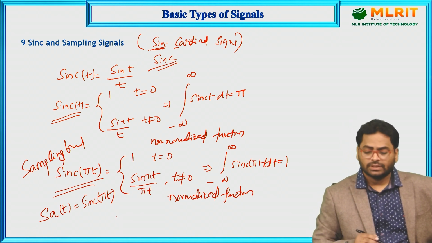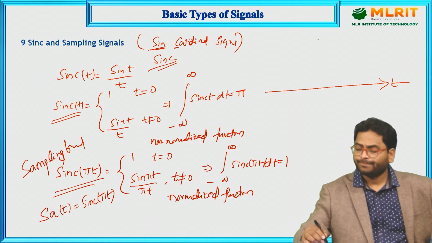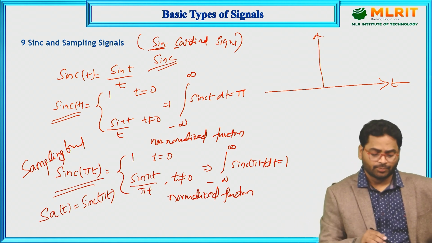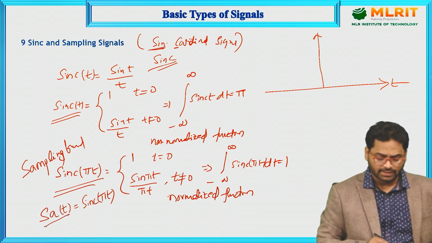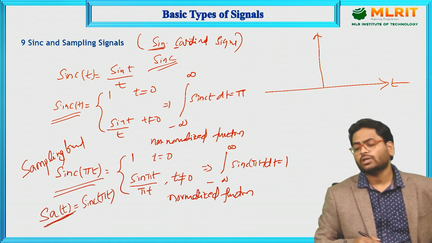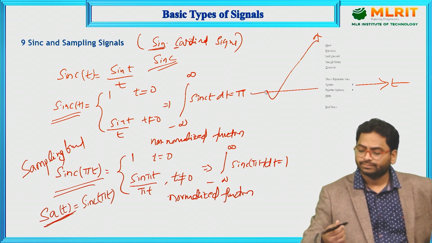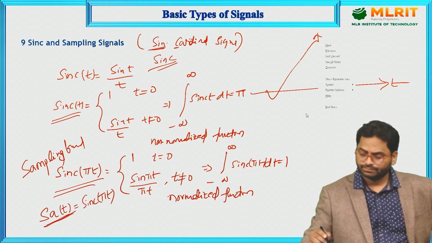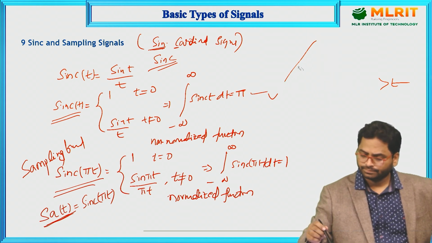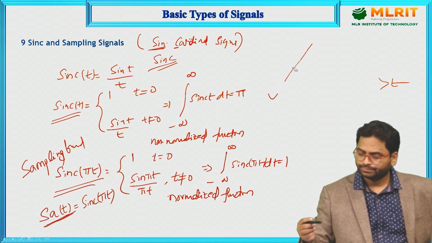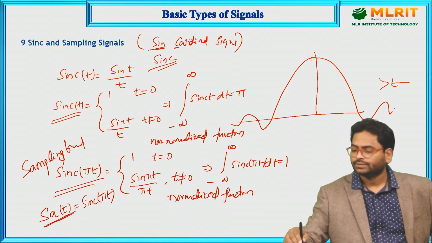Okay. Now, graphically, we can represent it. I am representing the first as sinc t, and the second one as sampling of t. Sampling means it is a normalized one. See, look here. This sinc function looks like this.